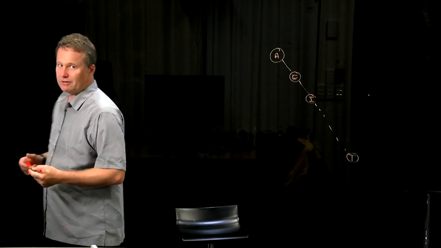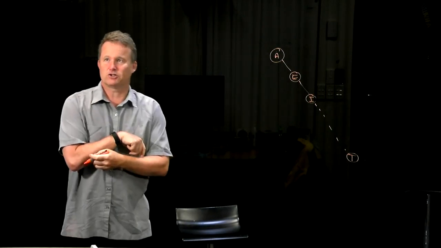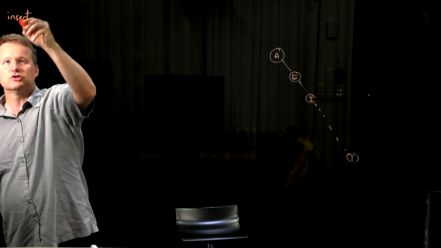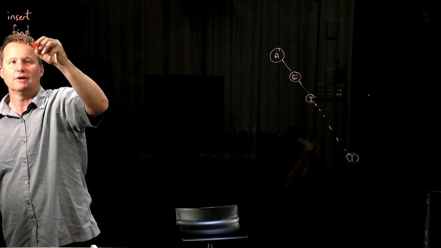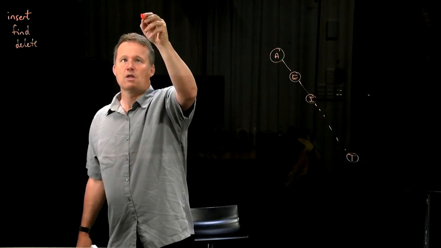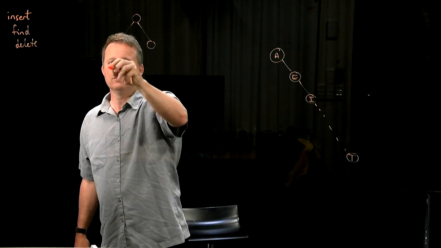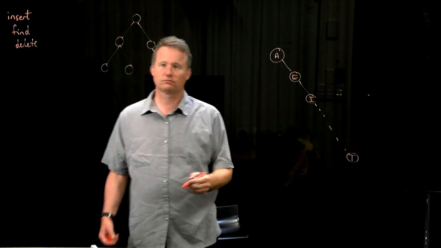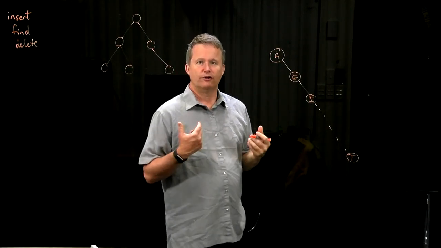So what we're doing here is looking at the binary search tree as a way of implementing the dictionary. So we need to understand how we can insert, find, or delete elements from a binary search tree. Well, suppose you have a tree that's already got the nice binary search property, and we want to find an element.